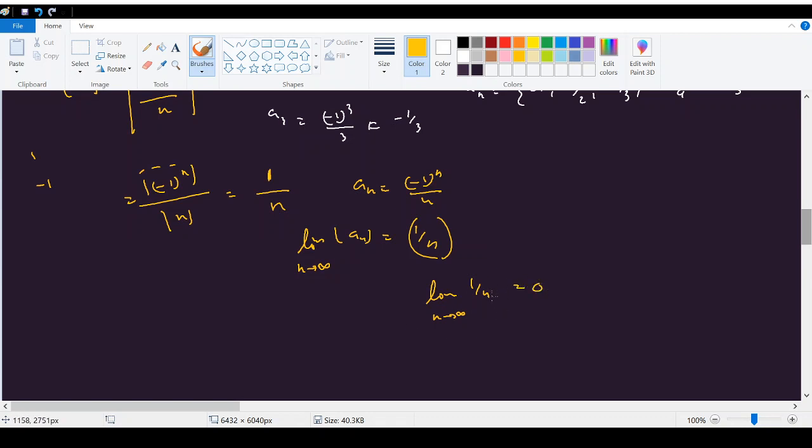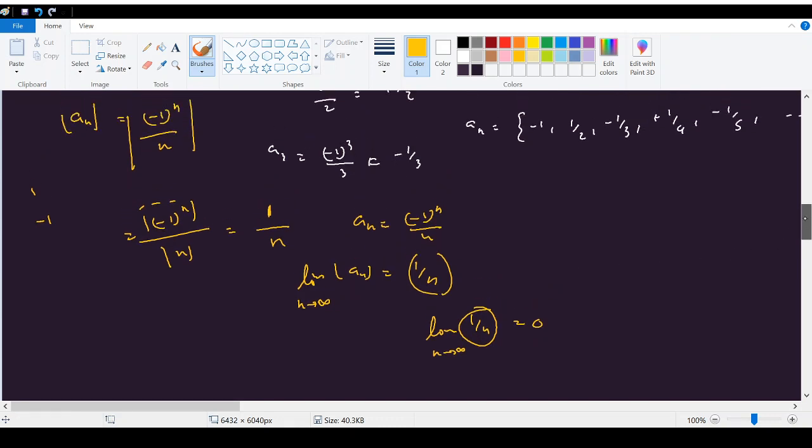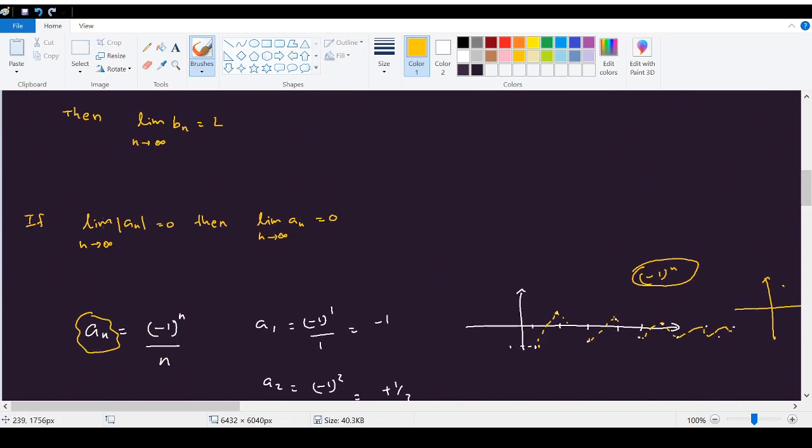When n takes a large number, this becomes 0, right? So that means we have proved that the limit of the modulus of this sequence is equal to 0. So from the theorem you can say that the sequence without considering the modulus should also go to 0. That comes from the theorem.